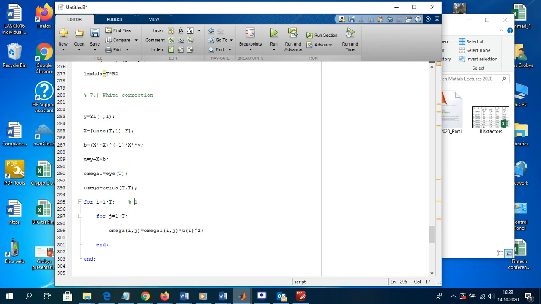So first i is 1 and j is 1, and it keeps i constant at 1, and in the next iteration goes to j is 2, then j is 3, and so on until j is T. After this is completed, it goes back to the outer loop, to i is 2, and again starts with j is 1, 2, 3 until T. Then it goes on to i is 3, and again j goes from 1 until capital T. So this is basically how these loops work, and you can think at home about how this works out.